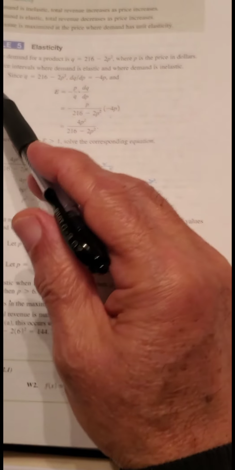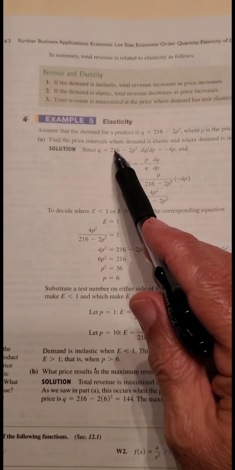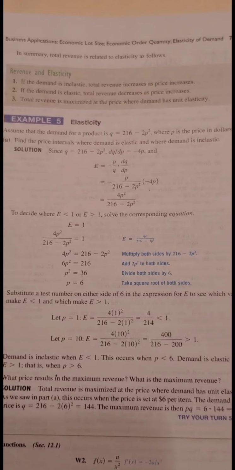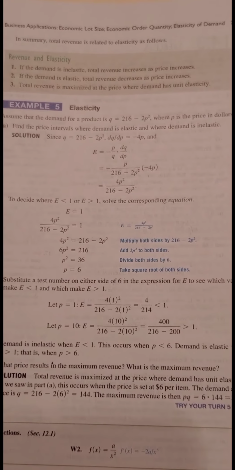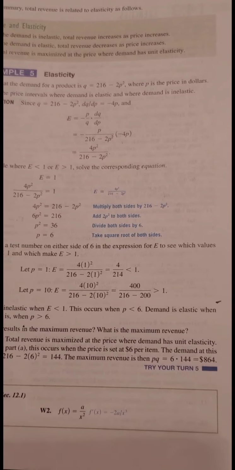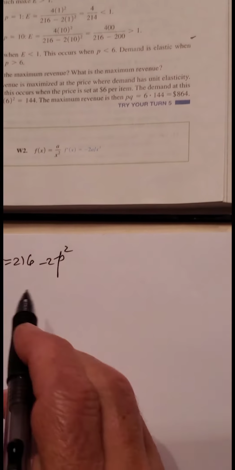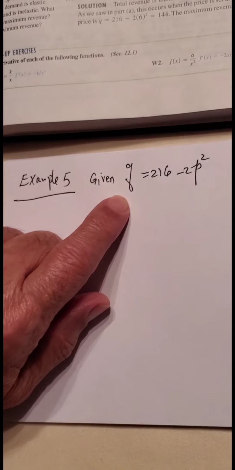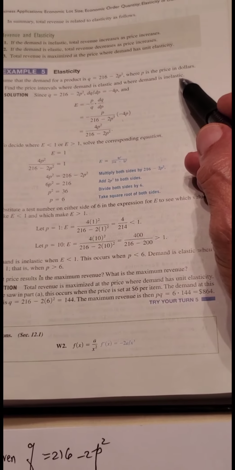Again, the problem is this. Assume that the demand for a product is Q equals 216 minus 2p squared. That's a given function, the demand in terms of price. Small p is the price of each item, in dollars.